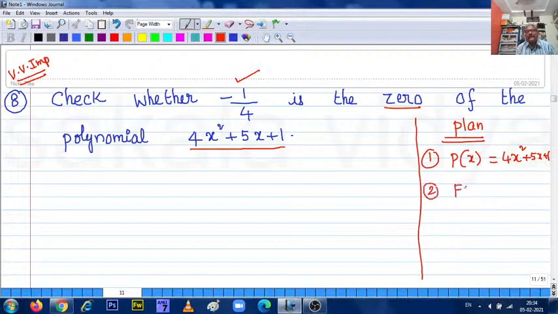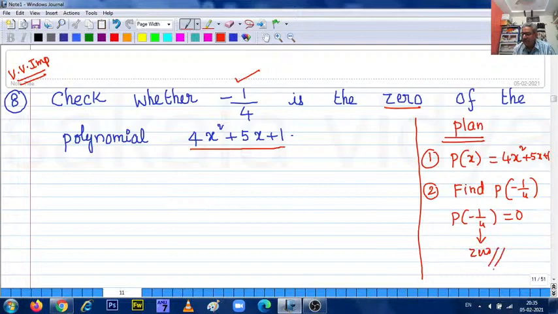That means find p of minus 1 by 4. Suppose if p of minus 1 by 4 is equal to 0, then this is 0. Otherwise it is not 0. That we need to write. Okay, so now you try this question, all of you. Are you there, all of you?